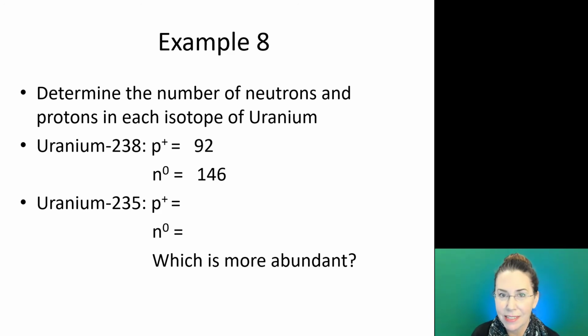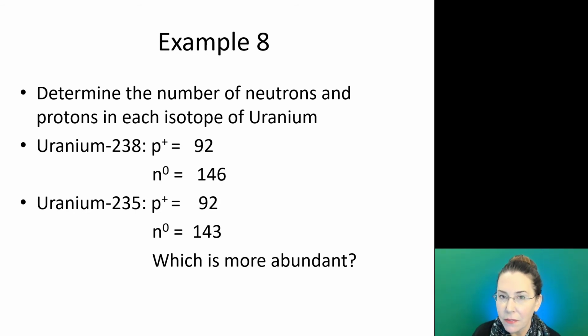That's a huge difference. Uranium-235, on the other hand, would also have 92 protons, but it would have 143 neutrons. Remember, our mass number is equal to the number of protons plus the number of neutrons, so we can subtract our atomic number from our mass number and always arrive at our number of neutrons.